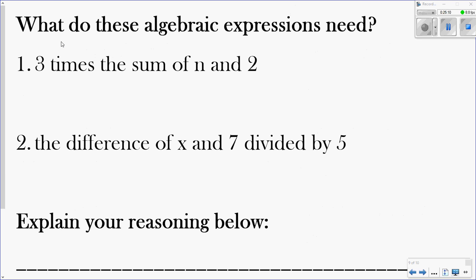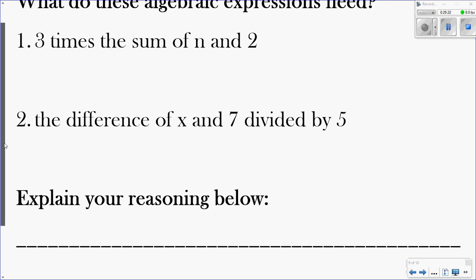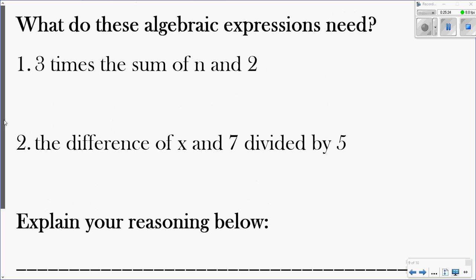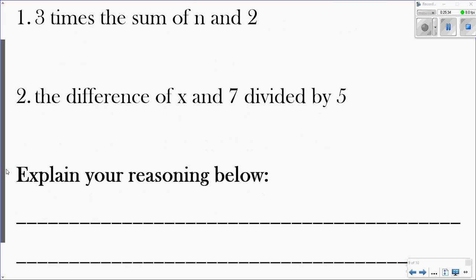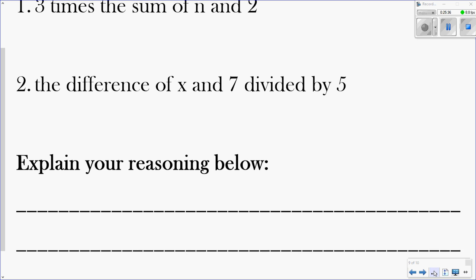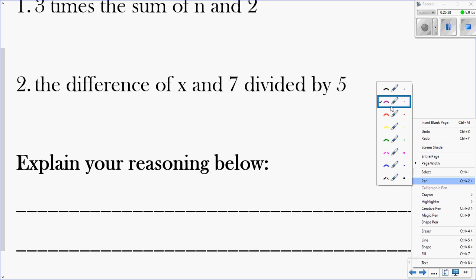All right, so it says, what do these algebraic expressions need? So what do they need? They need operations. So when we look at these two, verbal expression, in order to turn it into algebraic expression, we need to have the operation. So I'm going to write it down.